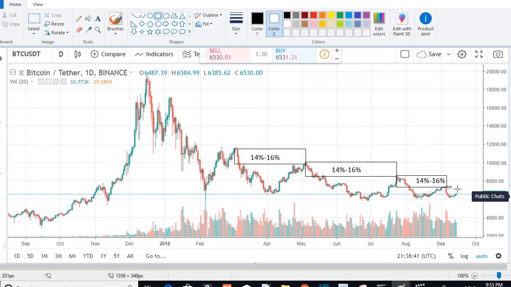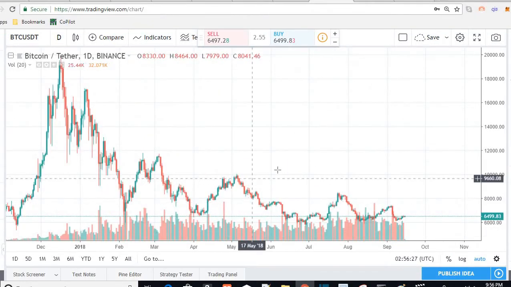If you were to guess, right here will be between 14 and 16%. And after that, there'll be no more bounce left. And if I were to predict, I would say it would be the beginning of the next bull run. Now let's go back to TradingView, and let me show you what I mean here.